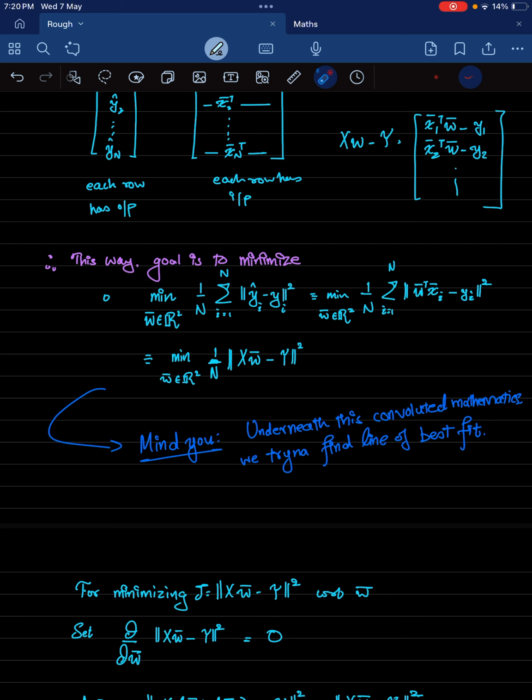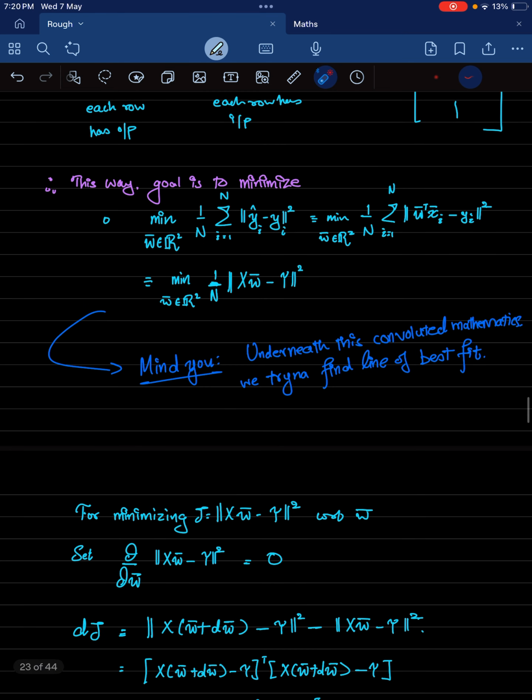We just want to minimize the length of this Xw minus y vector, which essentially represents the mean of the y distances between the actual and the predicted collectively. All right, mind you, underneath all this convoluted mathematics, we are still trying to find the best fit line.